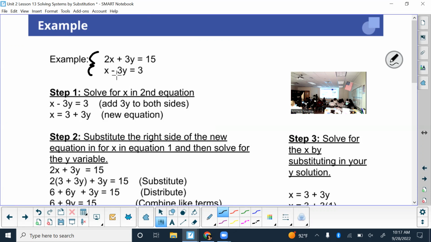I'm going to want to pick whichever equation I think would be easier to solve for one of the variables. So it doesn't matter, I could choose to isolate x, I could choose to isolate y. Do you think a certain equation it would be easier to do that in?